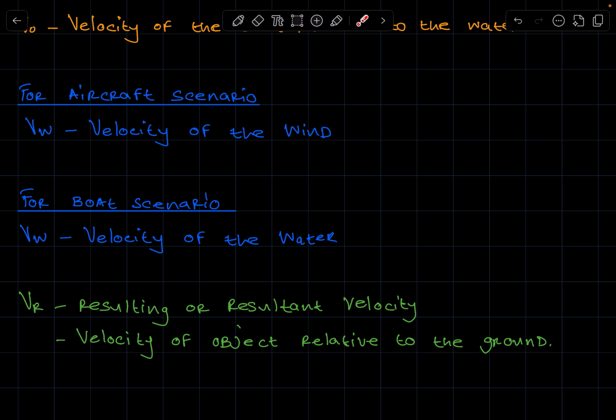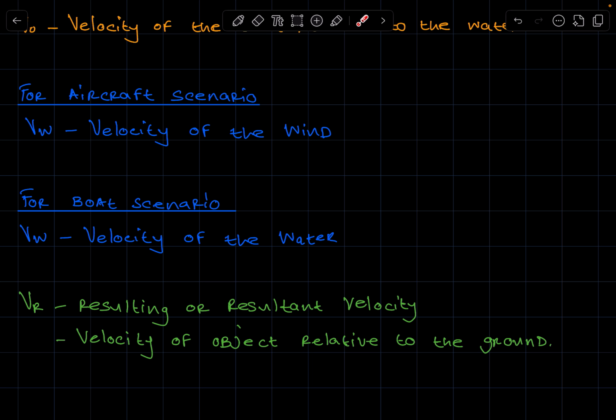So essentially VR, the resulting or resultant velocity, will be the velocity of the object, depending on which scenario you're looking at, be it an aircraft scenario or boat scenario. The resulting or resultant velocity will be the velocity of that object relative to the ground.